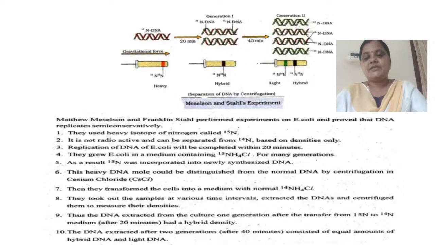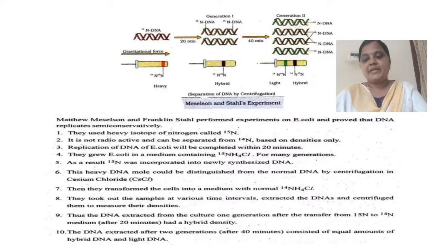For this, they took out samples at various time intervals, extracted the DNA and centrifuged them to measure their densities. Thus, the DNA extracted from the culture for one generation, after transfer from 15N to 14N, takes 20 minutes.